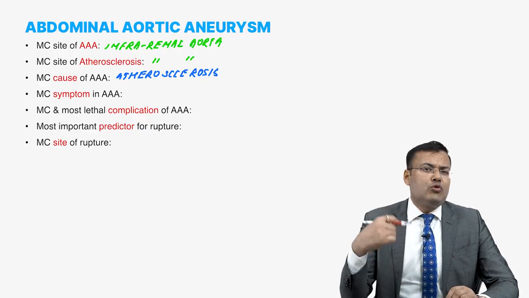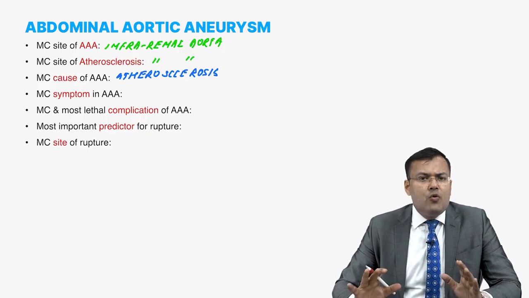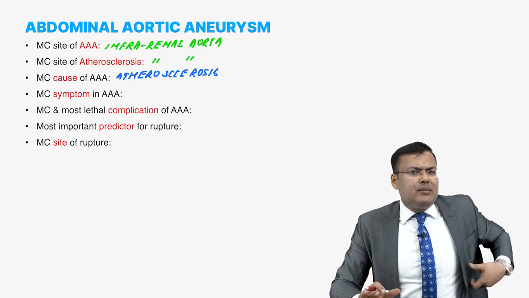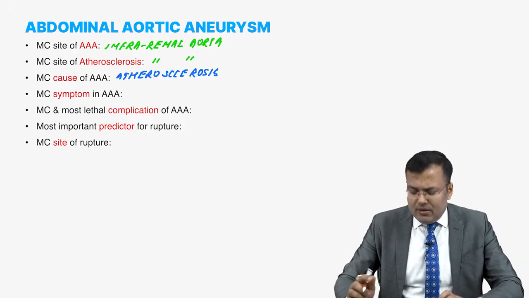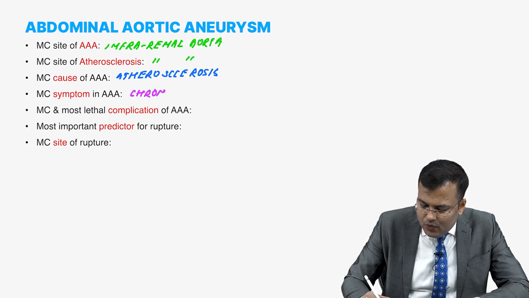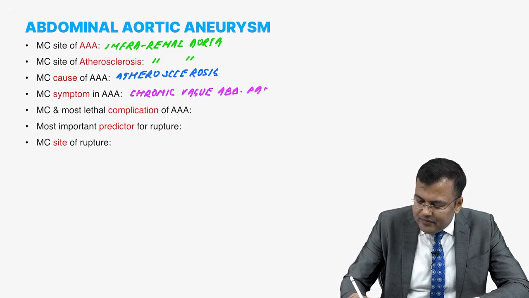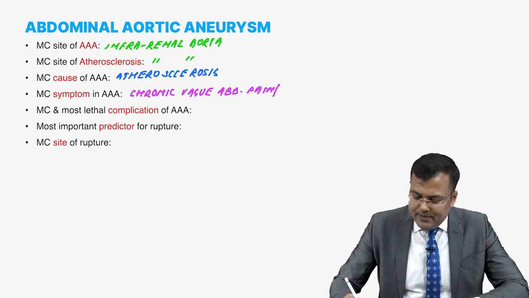First tell me, what is the location of aorta? Retroperitoneum. So these patients are having chronic, vague abdominal pain, or the patients are having back pain. So most common symptom is chronic, vague abdominal pain or back pain.